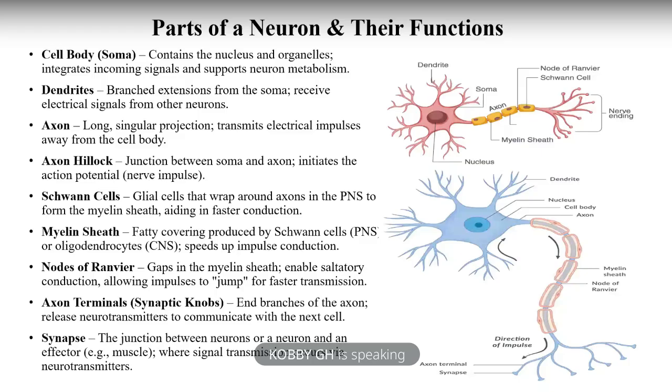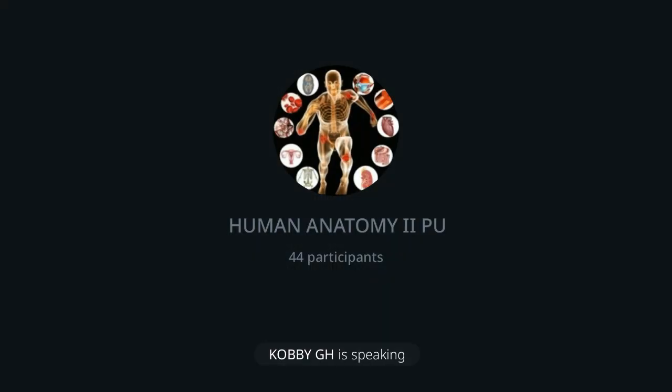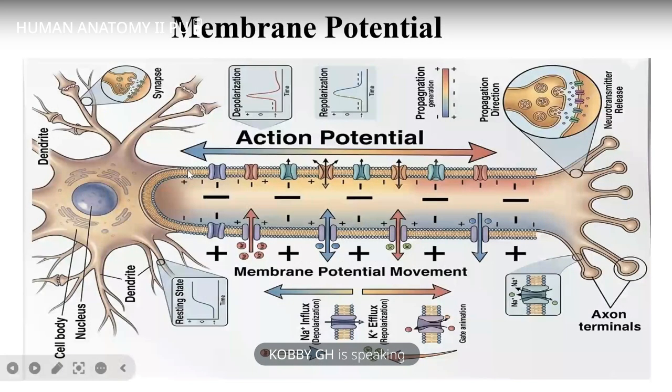Okay, I think I have a new diagram in here. Let me see if it is there. Okay, great. So you see, this is a beautiful diagram. This is the axon. Where I'm pointing now is the axon of the neuron.